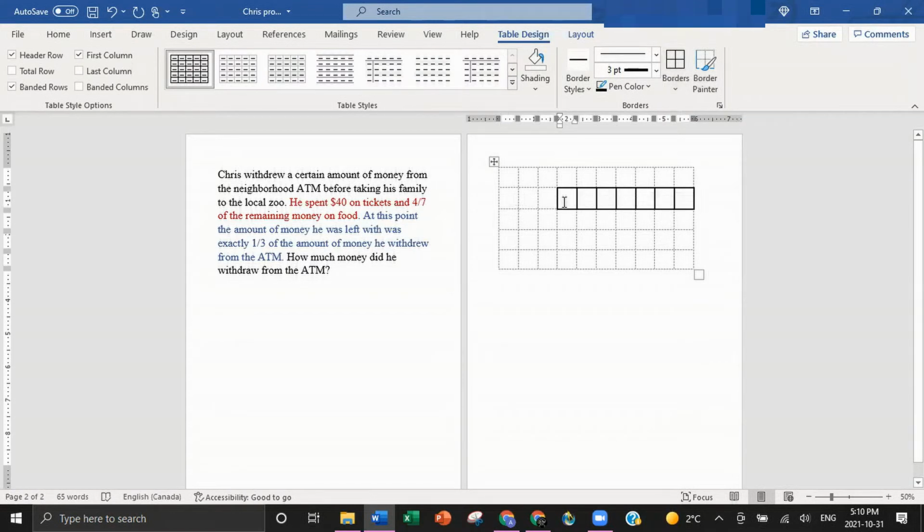All right, now that we've got the sevens, we're trying to represent all of the money Chris withdrew from the ATM. So of course we have the sevens here, plus the $40 he already spent. We'll put it here actually.